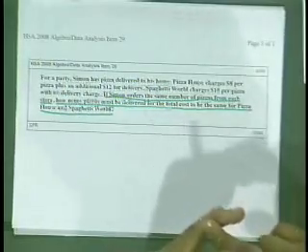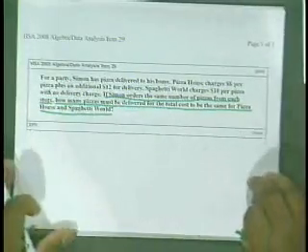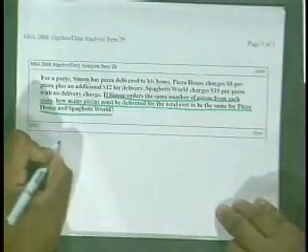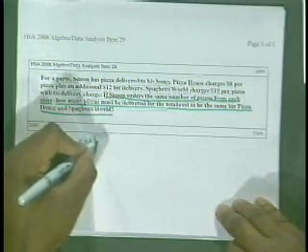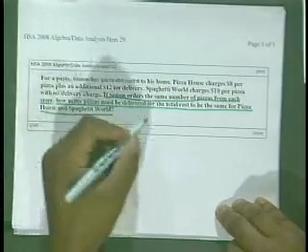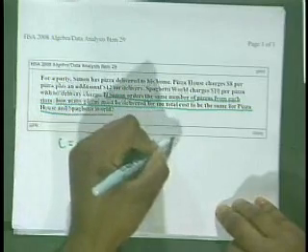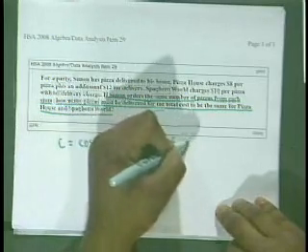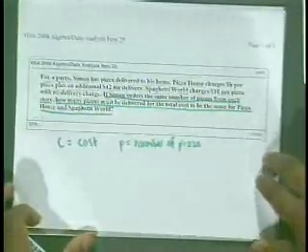Now let's define some variables here. Let C represent our cost, and P is going to represent the number of pizzas. I personally enjoy pepperoni, but you may have a different preference. So let's just say he orders some pepperoni pizzas.